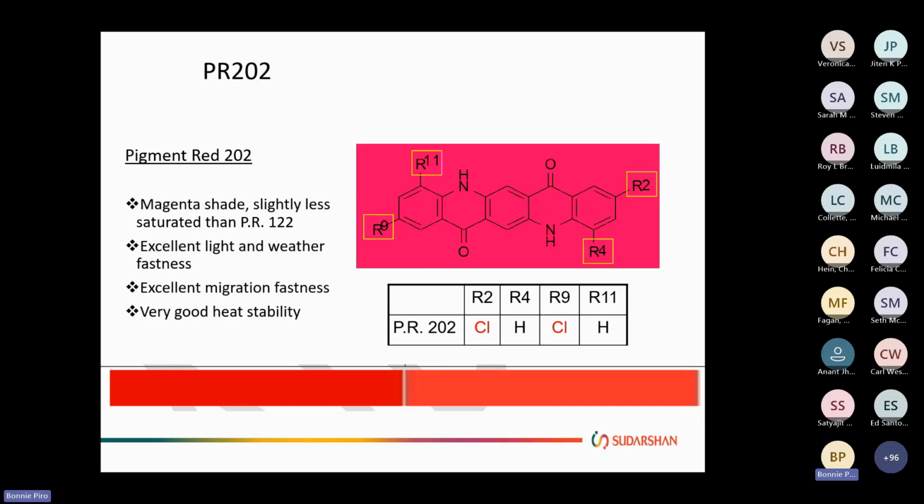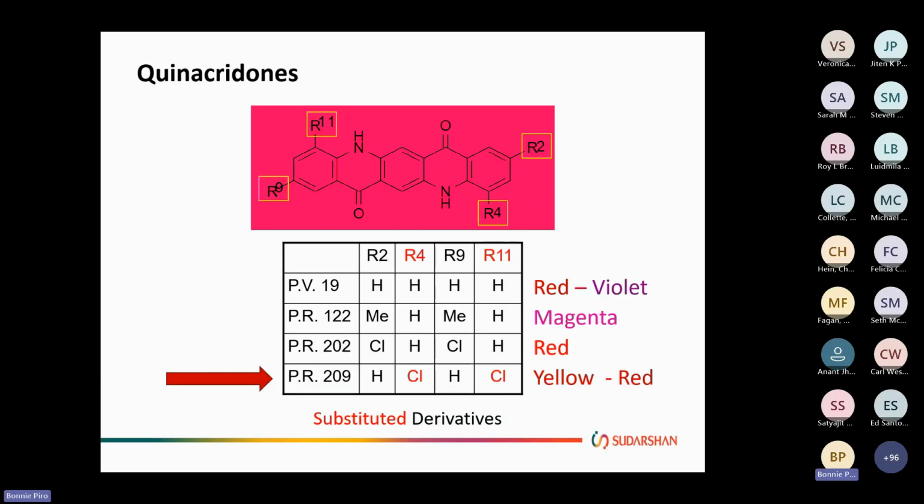Again, it does bring those same high performance pigment properties along with it to get this particular color. And then finally, continuing with the chlorine substitution, but shifting positions to that R4, R11 position, bottom right, top left, we now get to the Pigment Red 209, which is a more yellow shade red, a little bit more on the dirty side from a hue perspective than the Pigment Red 202.